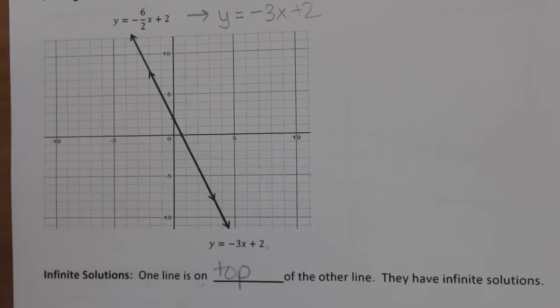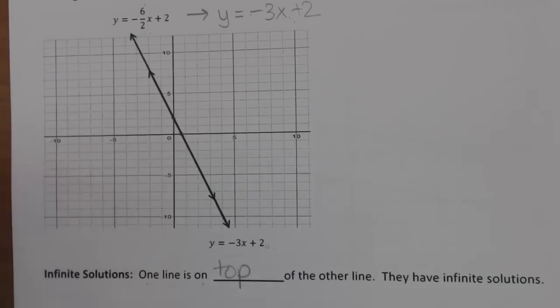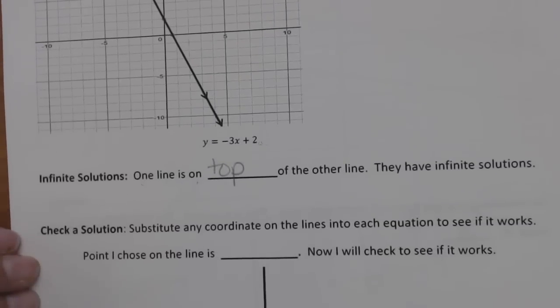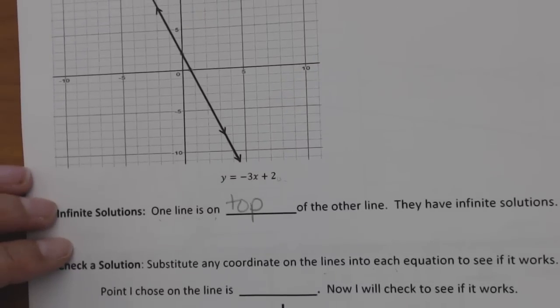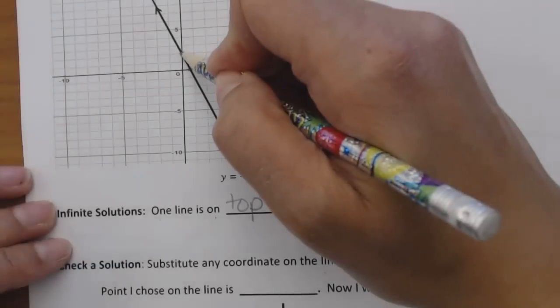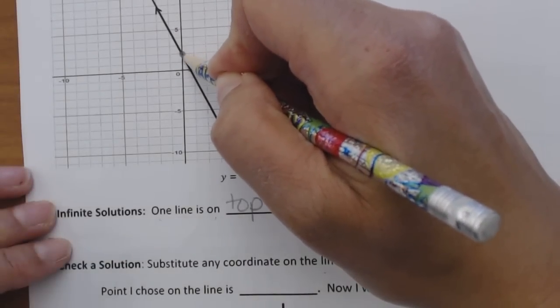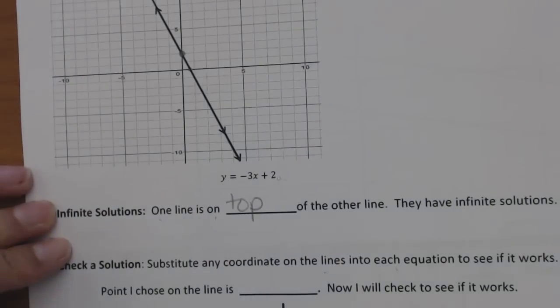How do we check this? Well, it's obvious that one is on top, but let's say that we want to check. We're going to do the same thing that we did before in our first type where we had one solution, and that's substitute any coordinate on the lines into each equation to see if it works. So I have to choose a point. The point I choose on the line is, well, let's look. I like how this little point is here because that's the y-intercept for both of them.